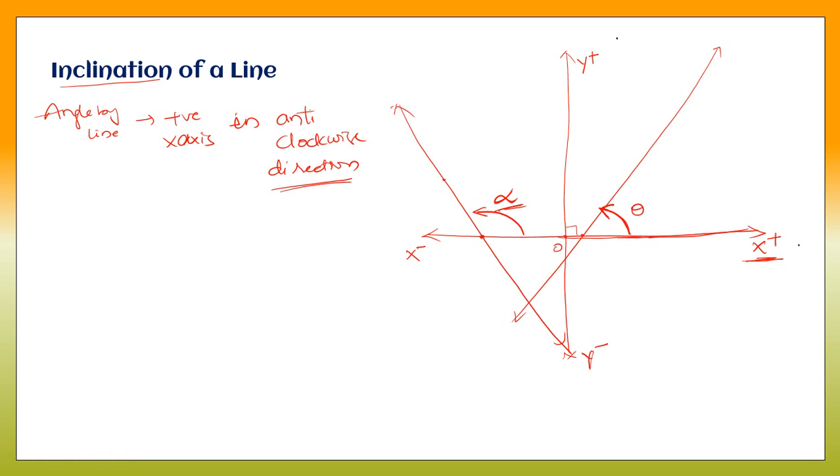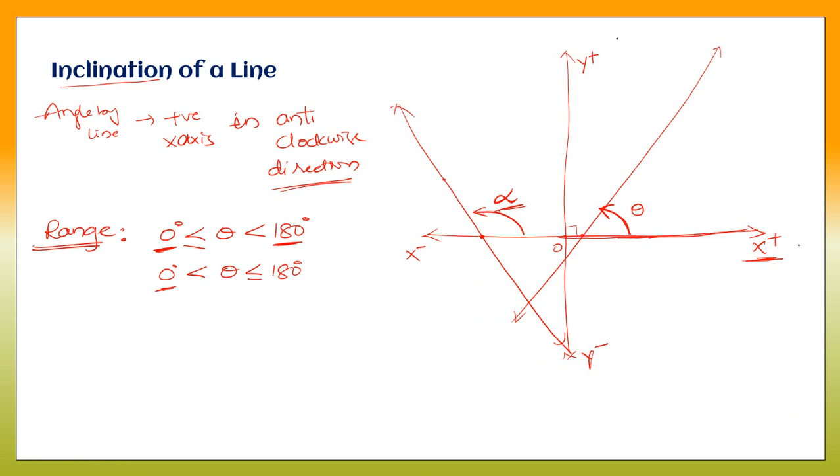From this we can set the range of inclination: the range of inclination is from 0 degrees to 180 degrees. If you consider 0 degrees, then you should not consider 180 degrees.